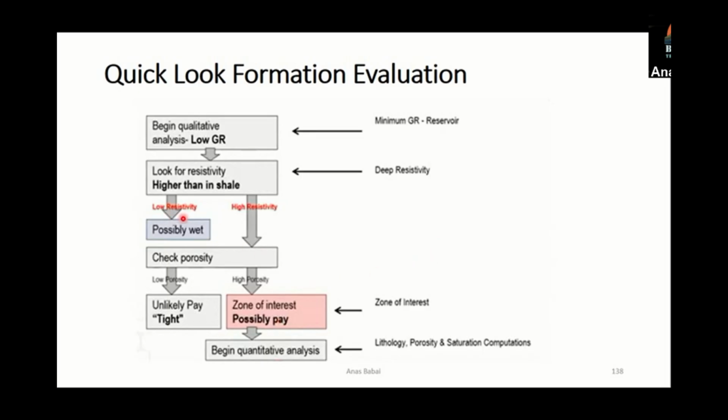If we have a low resistivity value, it's possibly a wet zone or a water bearing zone. If it's high resistivity, then we go for the porosity to check if it's low or high porosity. If it's low porosity, that means it's a tight reservoir, with low porosity and permeability, and there are certain treatments that we do during production in order to enhance the porosity and permeability in a tight reservoir.